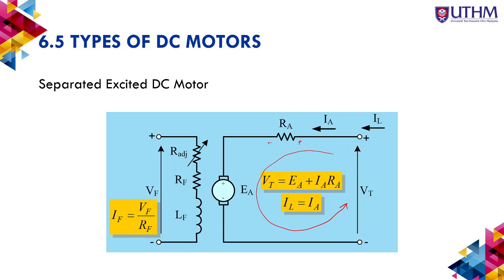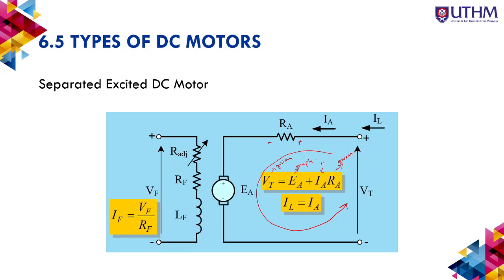As we can see from here, Vt is given, and Ea we can get from the previous graph. Ra is given, and Ia can be calculated.